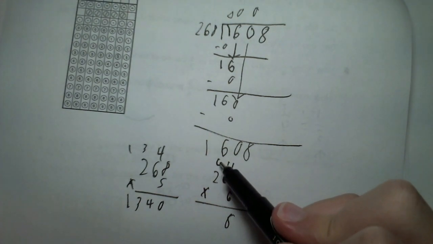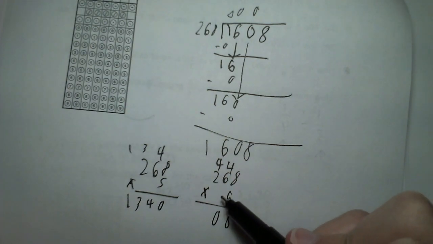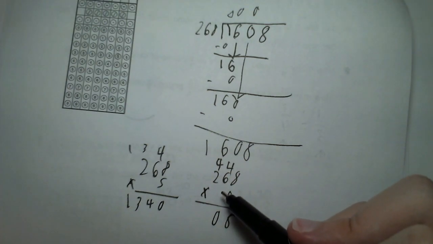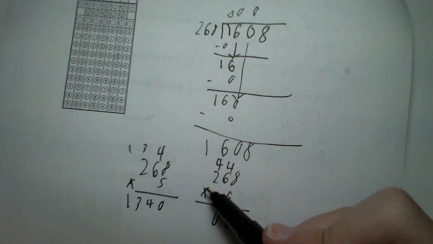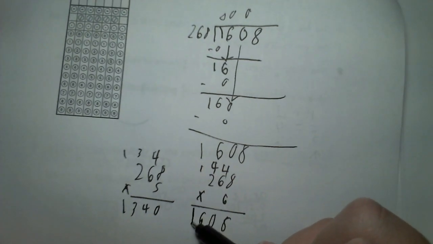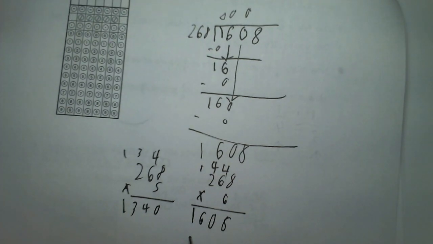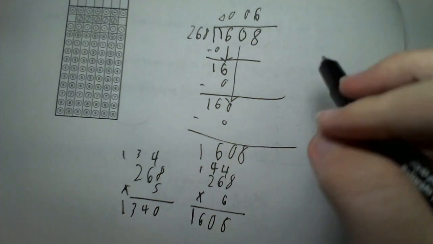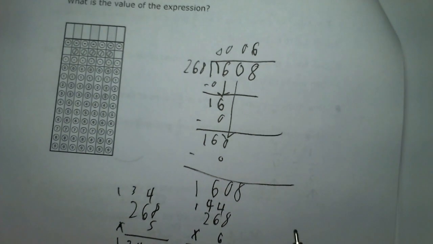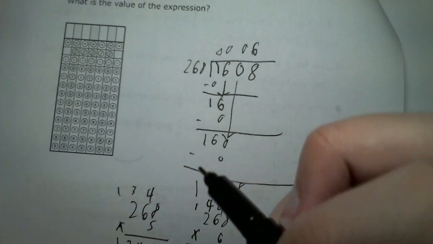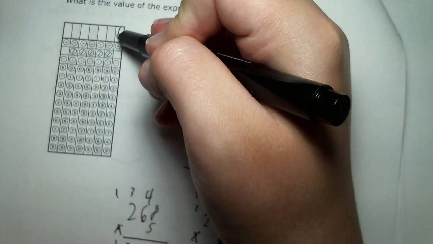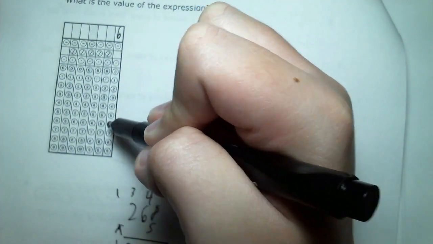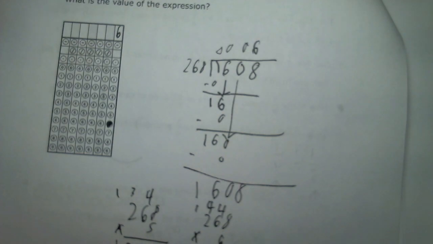So we get 4 over here and 0. 6 times 2 is 12, plus 4 is 16. And we actually get an exact number here. Look at that. So 6 268s can fit into 1,608. So I'm going to put a 6 right here and fill it in. Right. Now it's Ava's turn.